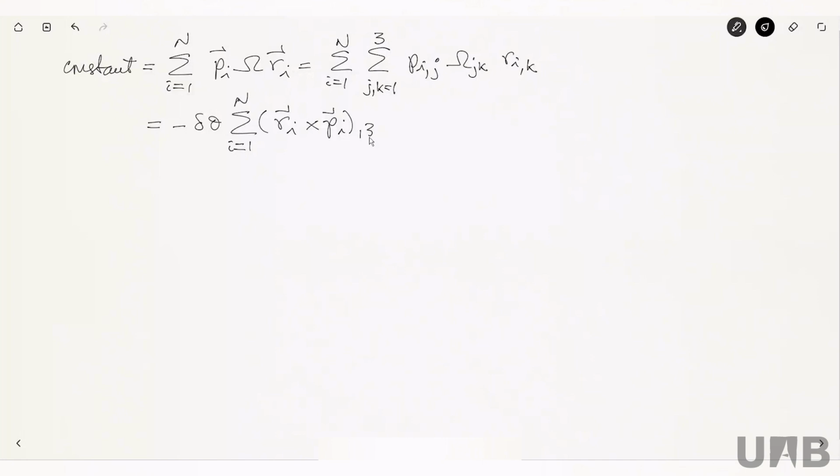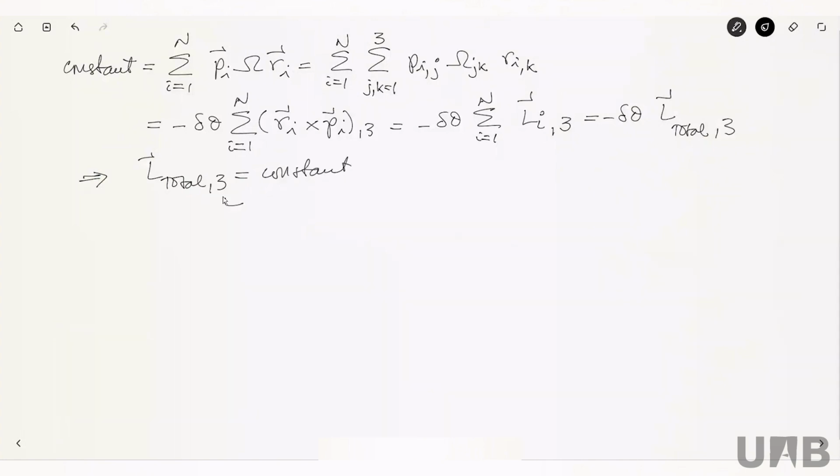Okay, but what is this object? We know what this object is, right? It's minus delta theta, the sum from I equals 1 up to N of the angular momentum, Li, of each particle along the third direction. So this is minus delta theta of the total angular momentum along the third direction. So that has to be constant. So this means that L total along the third direction has to be constant.